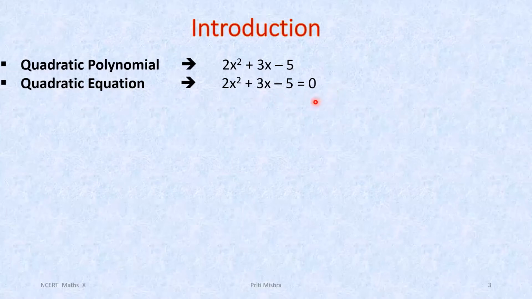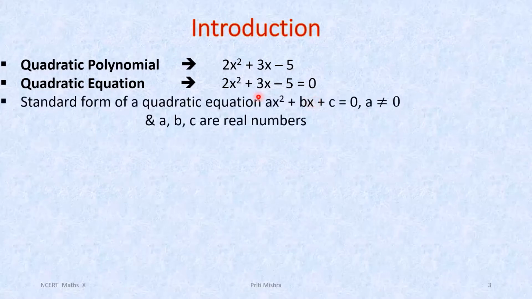Now this is a particular quadratic equation. On this basis, we can write its generalized form. So the standard form of a quadratic equation is ax square plus bx plus c is equal to 0, where it is mandatory that a should not be equal to 0, because when a is 0, the first term of x square will be 0, and in that situation this equation will become a linear equation.